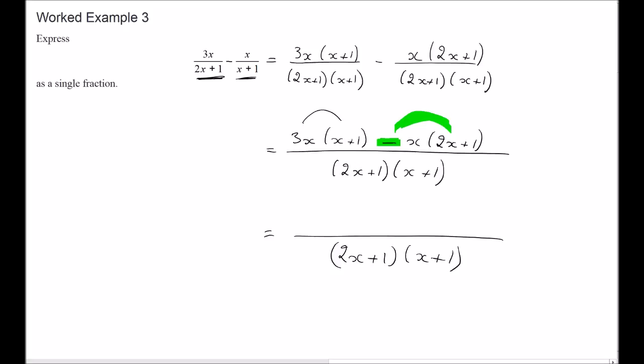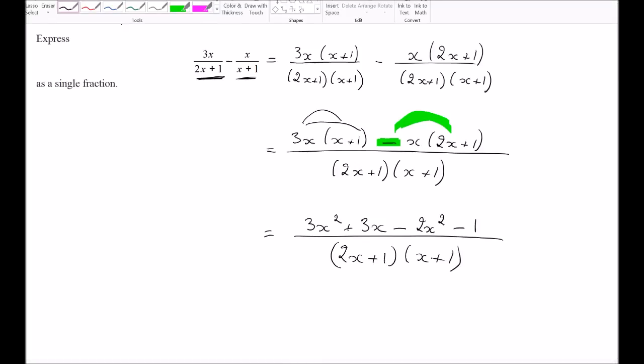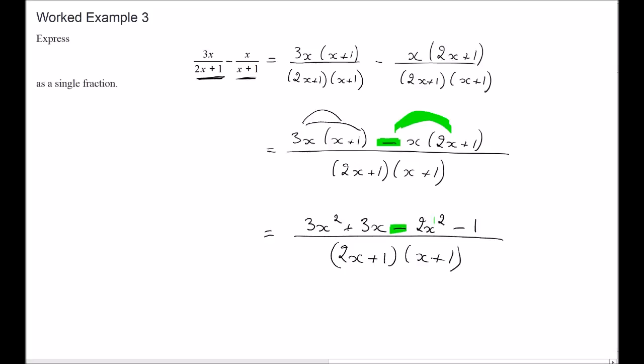So I'm going to do 3x times x, which makes 3x squared. 3x times 1 is 3x. And then we have minus x times 2x is minus 2x squared. And minus x times plus 1, which is minus 1. So here is the tricky part. This is negative, but also this one is negative. So always pay close attention to fractions with a negative sign.